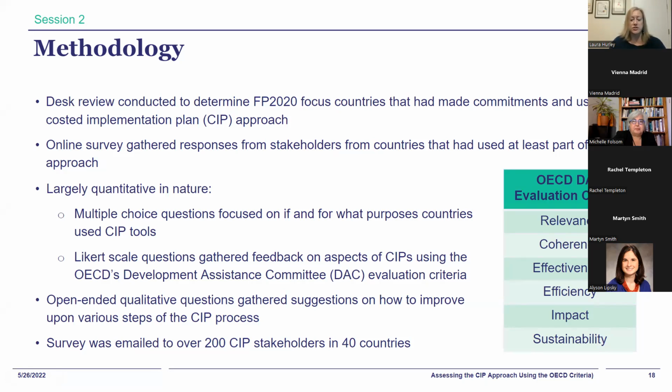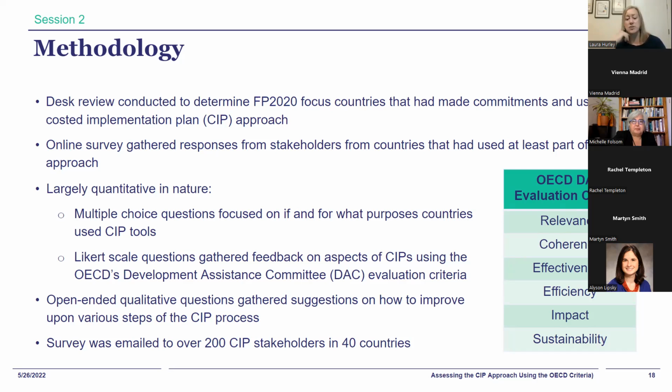Multiple choice questions were used to gather information on if and for what purposes individual countries use CIP tools. Open-ended questions asked for clarification on tool use and provided space for suggestions on how to improve upon various stages of the CIP approach, including obtaining stakeholder engagement, situational analysis, priority setting, costing, and performance monitoring.